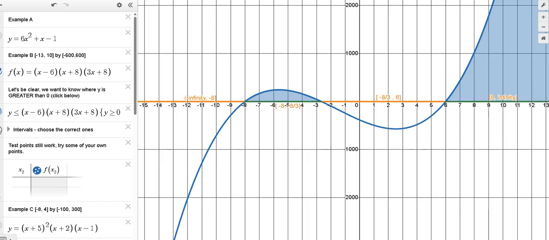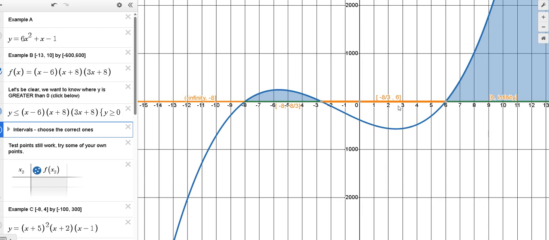So to the left of -8, well, the graph is below the x-axis, so I don't want that interval. But I do want this interval between -8 and -8/3, so that's going to be part of my answer. How about this next interval, -8/3 to 6? Should that be part of my answer?